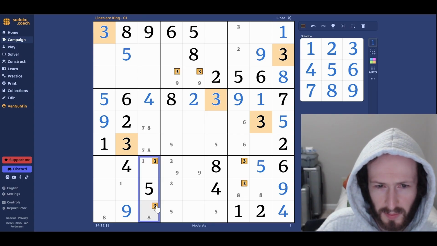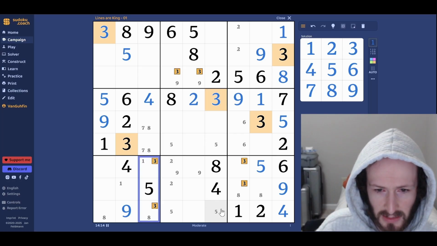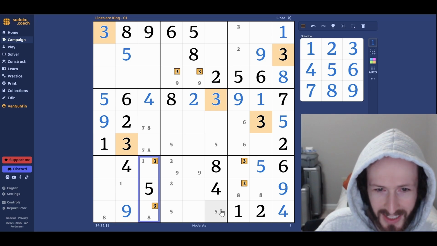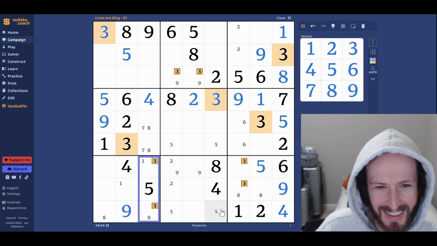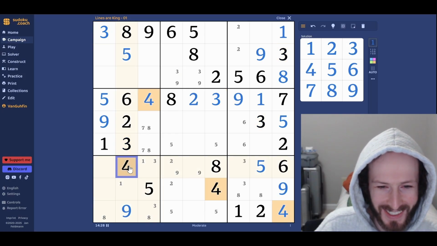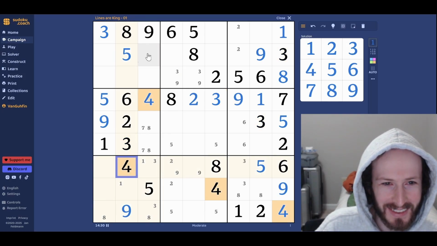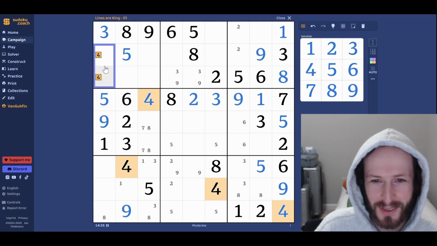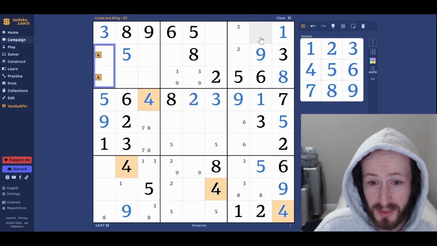Cool. And then that might be it. So a 3 will get solved sometime. I just don't know. 1, 2, potential 4, and one of these two. This one is so close.